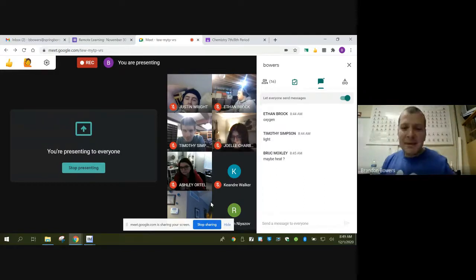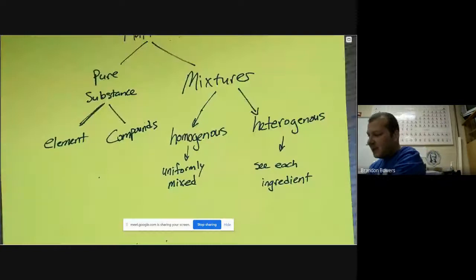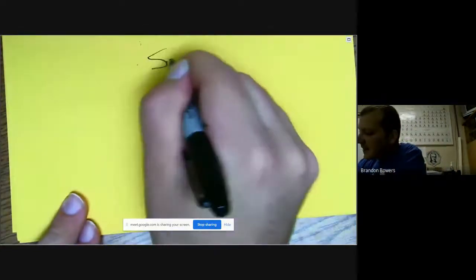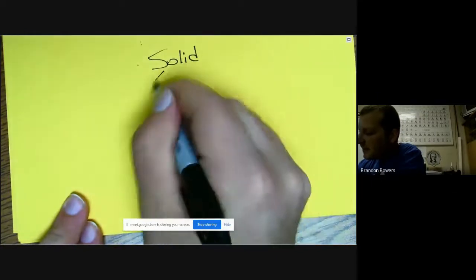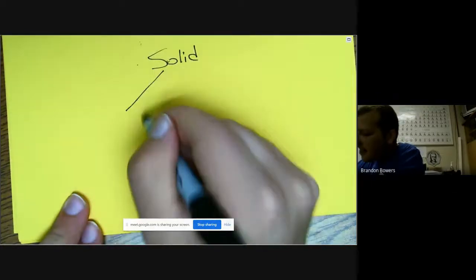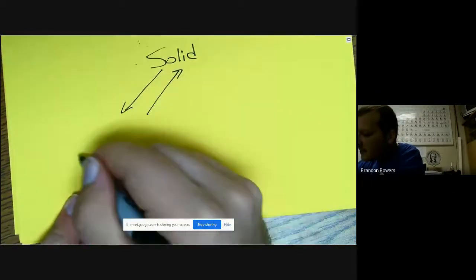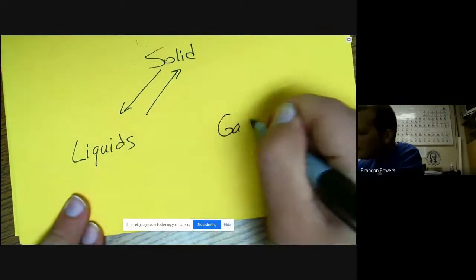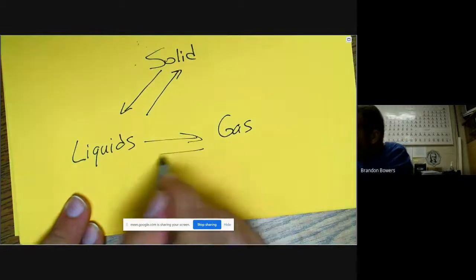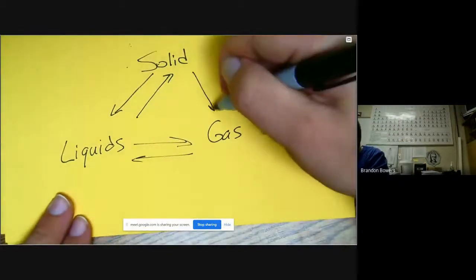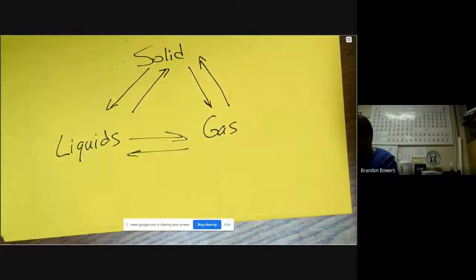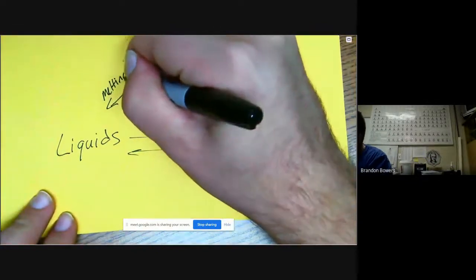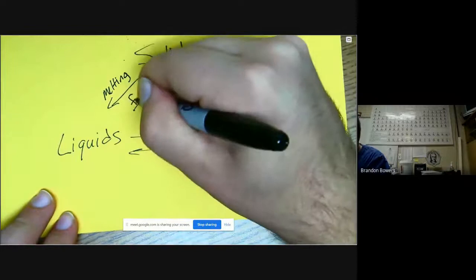All right, phase changes, real quick. So we have solids, we have liquids, and we have gases. Solid to a liquid is melting. Liquid to a solid is freezing.